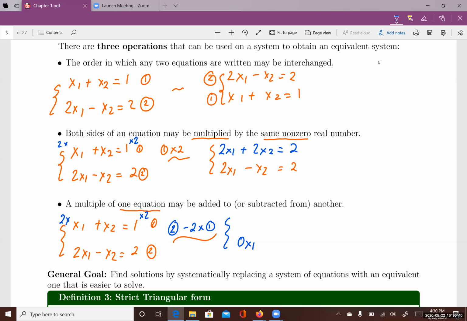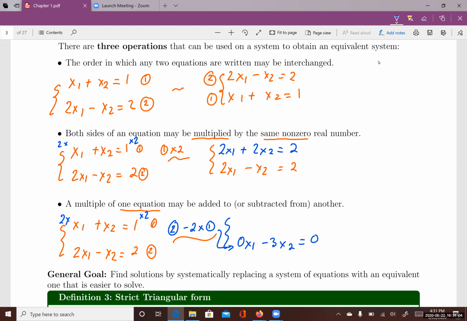Negative x2 minus 2x2 will be negative 3x2. And 2 minus 2 is 0.